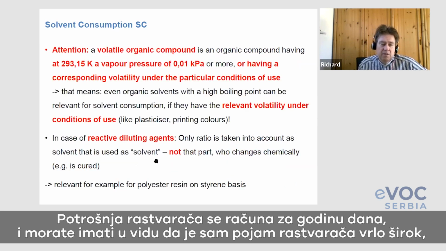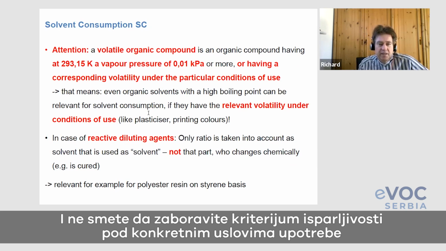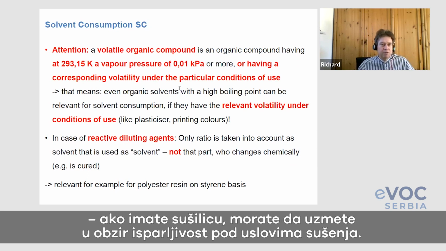And of course, for the calculation, you must keep in mind that this solvent term is very comprehensive and not only classic. You may not forget the volatility of solvents under particular conditions of use. In other words, if you have a dryer, you have to take into account the volatility under the drying conditions.